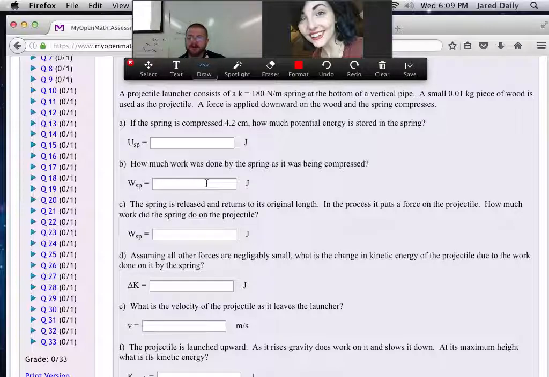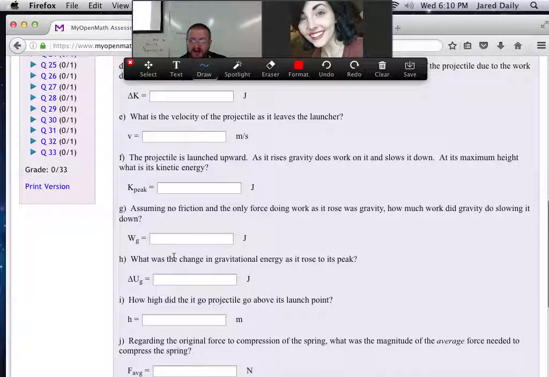And then it says how much work is done by the spring. When work is being done by something on something else, and it makes something move in the direction that it's forcing, that is positive as well. So it's all in how they word it.